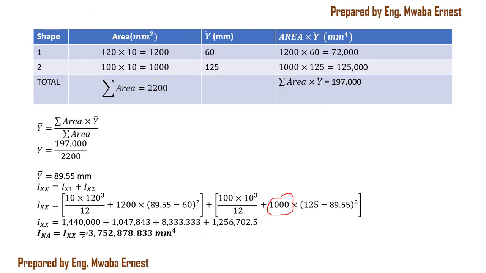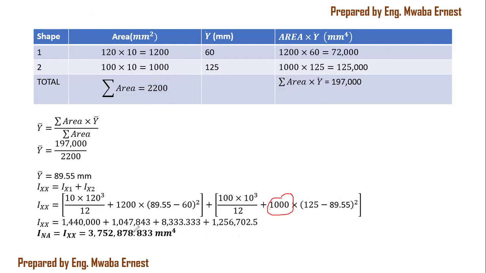By doing all that, you end up with 3,752,878.833. Here's my note on this. If you look at the nature of the working we're having here, there are a number of steps and you have decimals, so the answer that you get may not be exactly what another person may get.